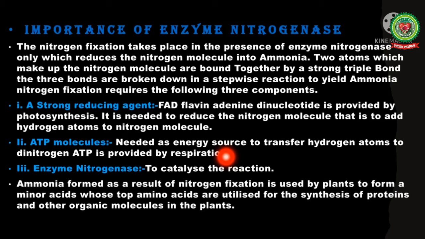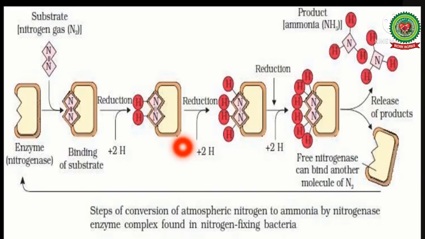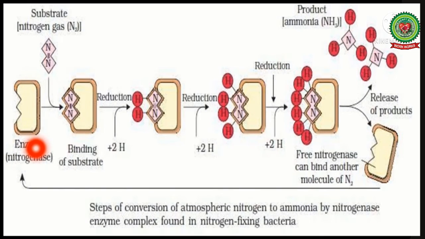This picture indicates how the nitrogenase enzyme is converting atmospheric nitrogen into two molecules of ammonium ions. The enzyme nitrogenase combines with the substrate, that is nitrogen, and undergoes three successive reductions to convert this atmospheric nitrogen into two molecules of ammonium ion.